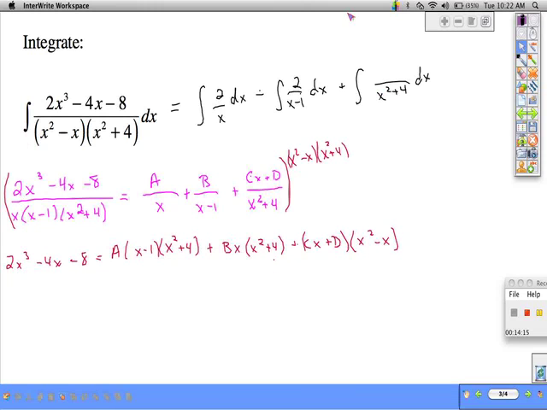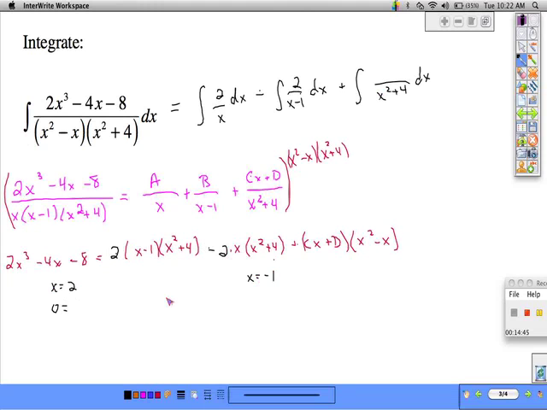So I'm going to pick any two values of x, and it doesn't matter which ones. I'm going to plug in x equals 2, and I'm going to plug in x equals negative 1, keeping the numbers small. When I plug in x equals 2, I get 0 equals, now I know what A is. A was 2, and B was negative 2.